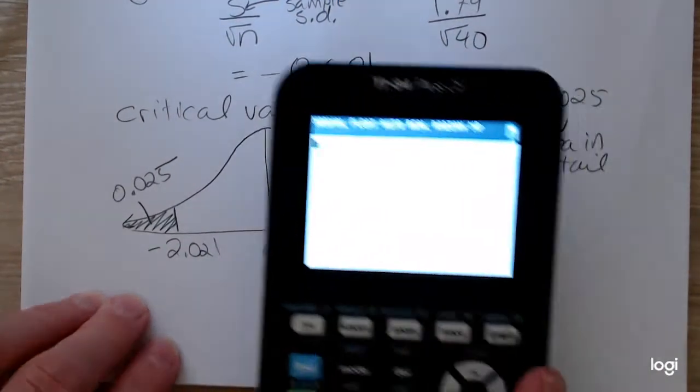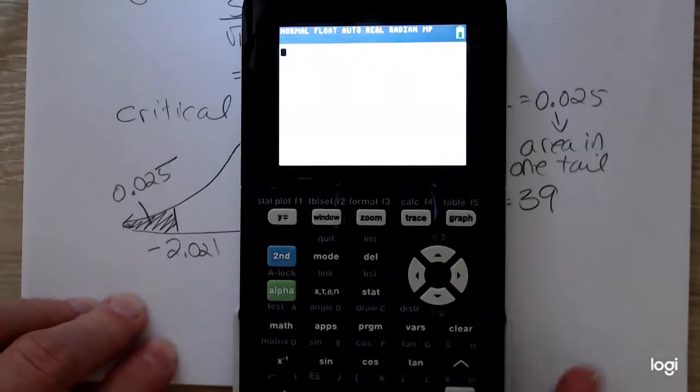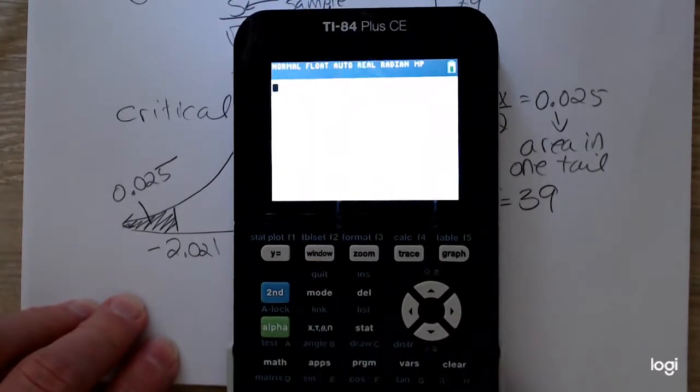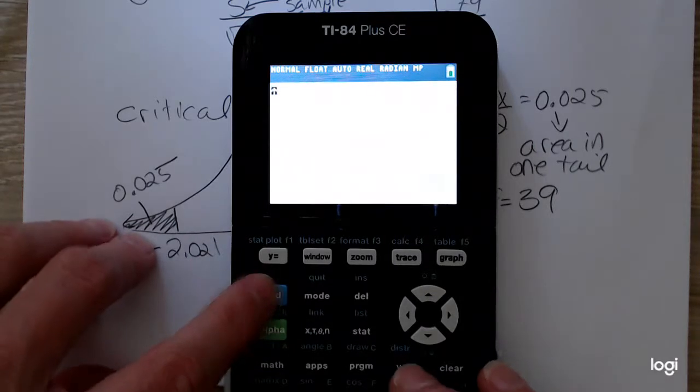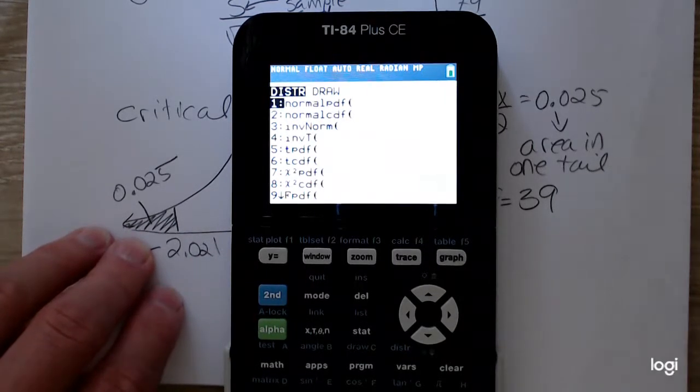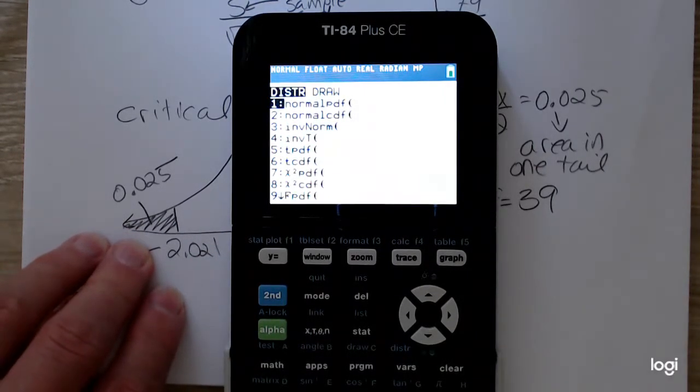Now let me get that critical value exactly. So if you do have a newer TI-84, you want to go to your distribution menu, and because you're given an area or a probability first, and alpha is a probability, you want to use an inverse function.